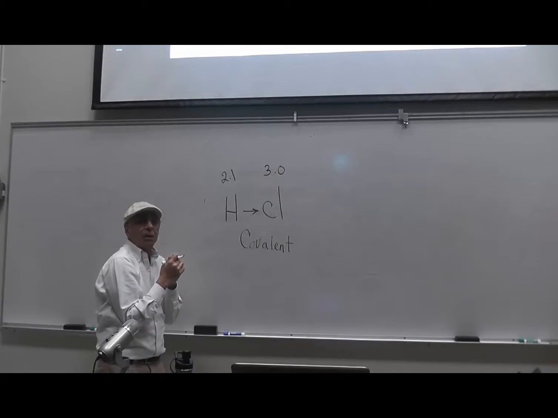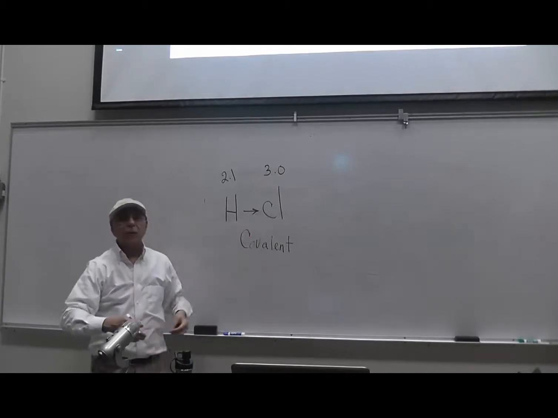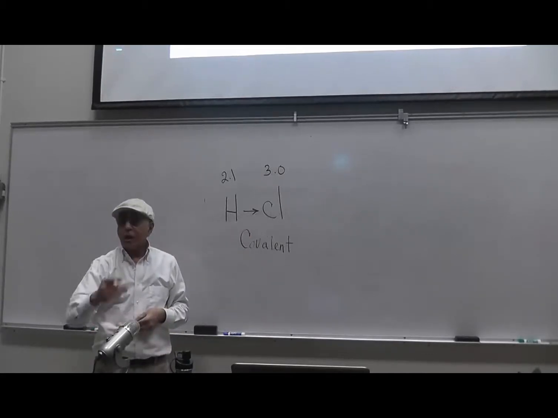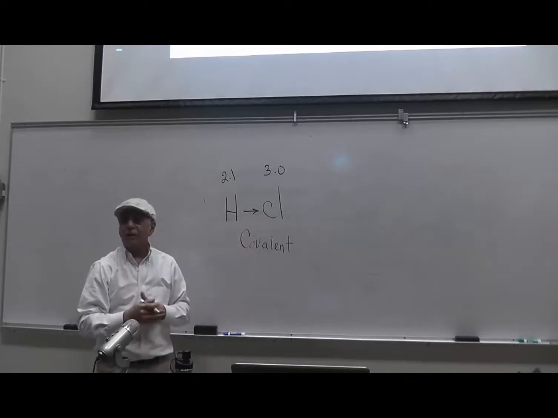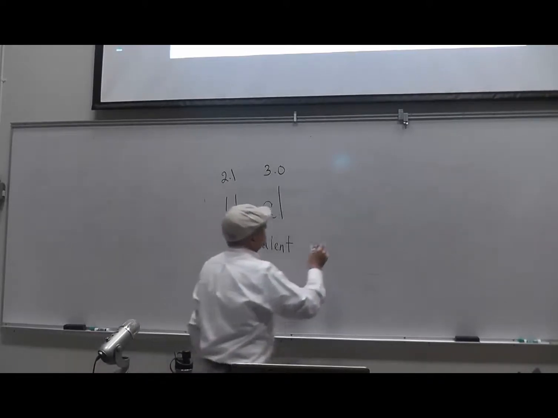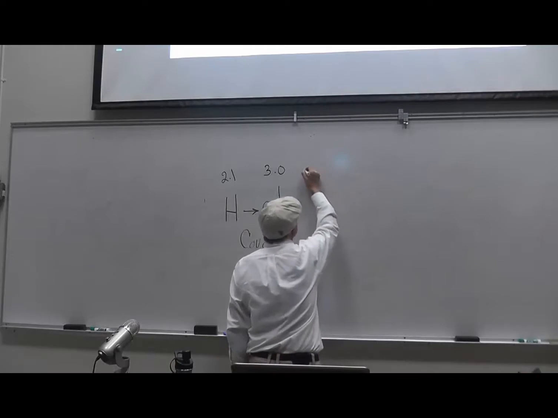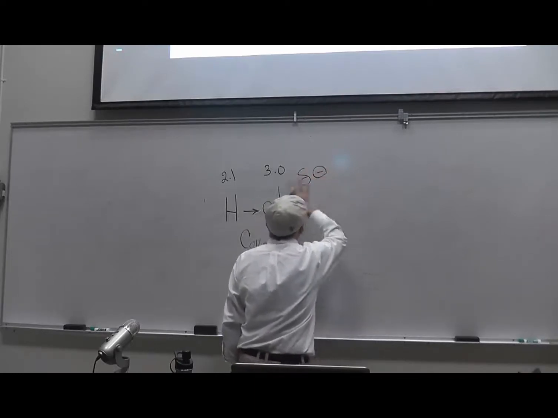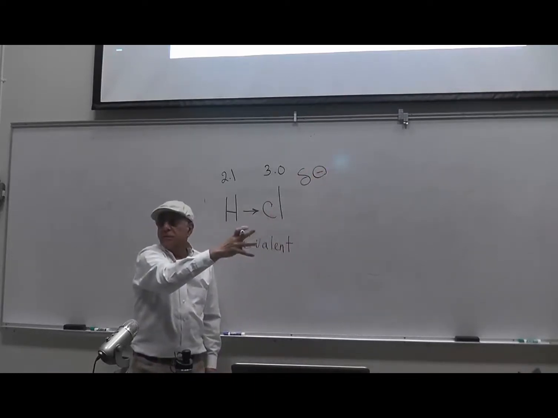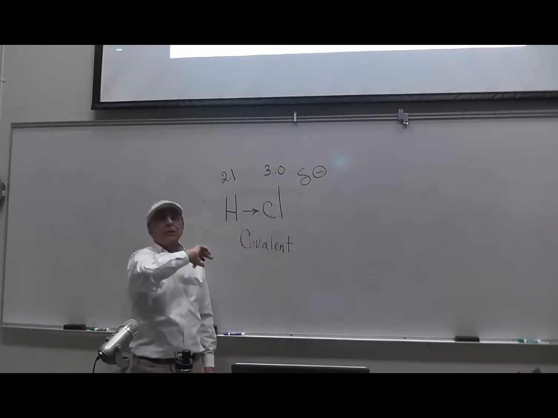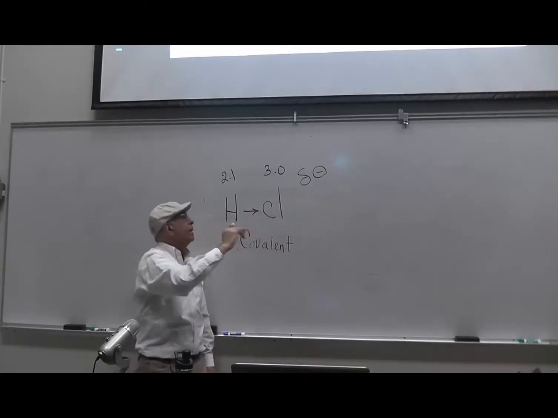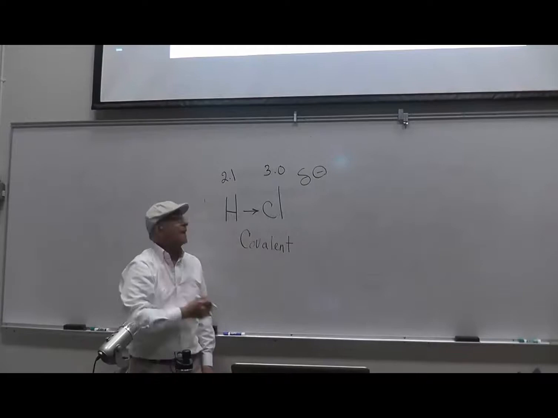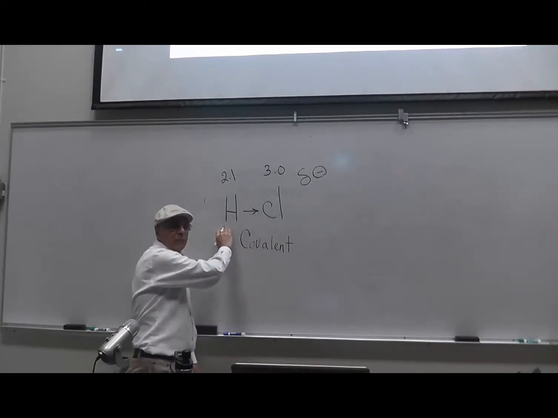So what is the result? Chlorine is going to have a larger electron cloud, and electron cloud means larger negative charge. So we have more concentration of electrons around chlorine. Electrons are spending more of their time around chlorine, and less of their time around hydrogen.